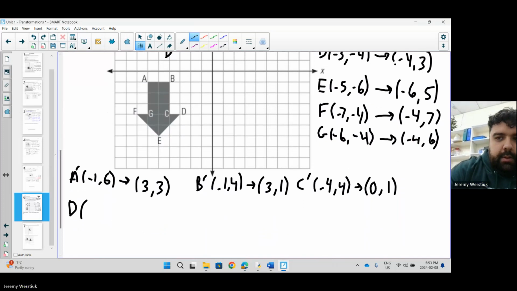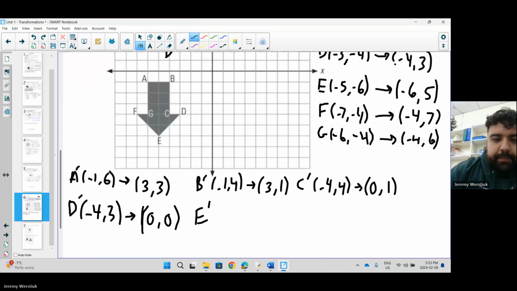D was minus 4 comma 3. And those coordinates are going to become 0 comma 0. It'll be right on the origin there. I guess that's D prime.